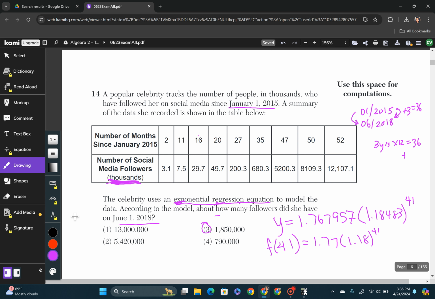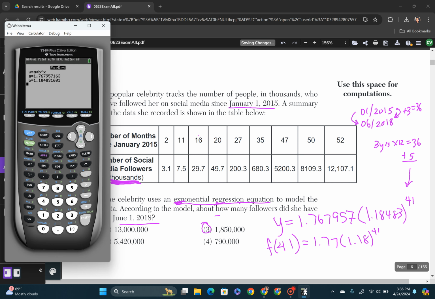So if I took my calculator and got a little more exact, I went 1.767957, parentheses 1 point, and instead of using 18, I used 18483 close parentheses to the 41st power.